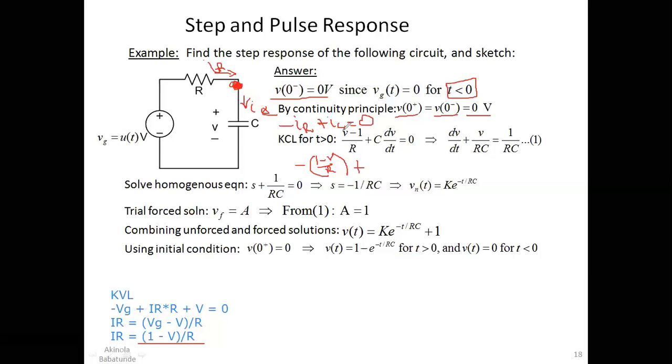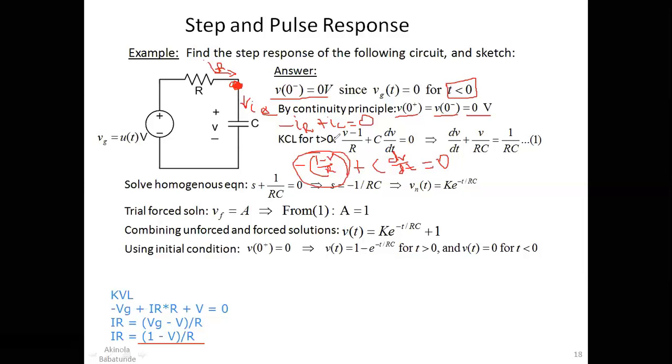Our IC is usually given as C dV/dt. We discovered and proved this in the previous classes. You equate everything to 0. When you expand this, it becomes V minus 1.